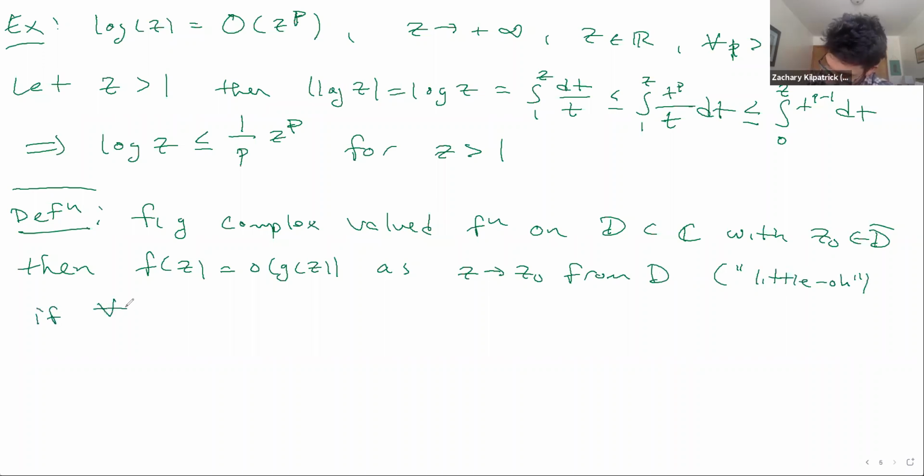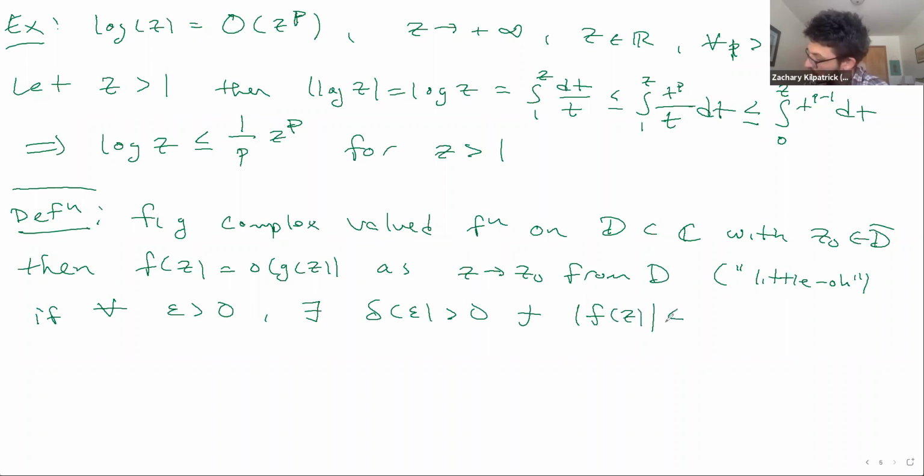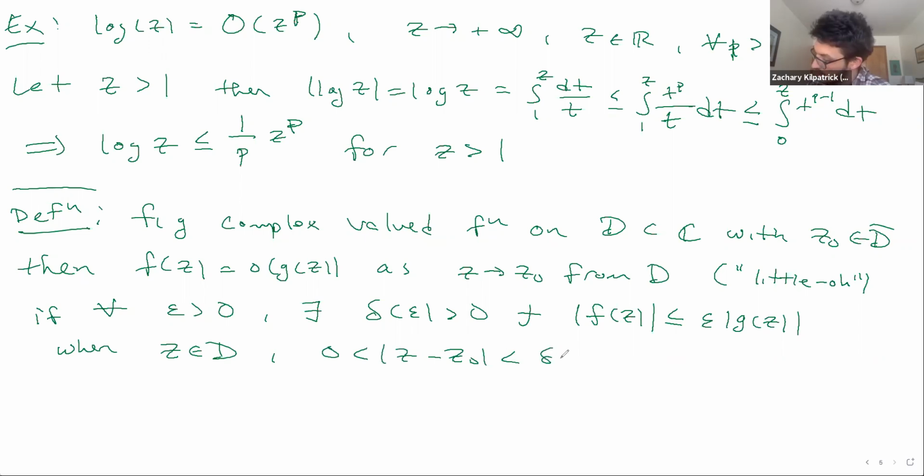If for any epsilon greater than 0, there exists a delta of epsilon greater than 0 such that the magnitude of f of z is bounded from above by epsilon times the magnitude of g of z when z is in D, okay, and the difference between z and z0 is less than this delta of epsilon, okay.